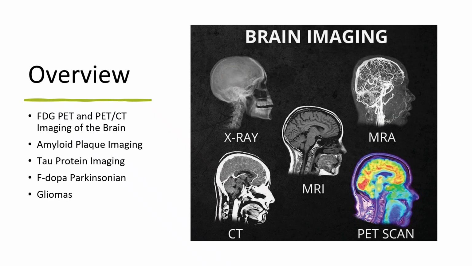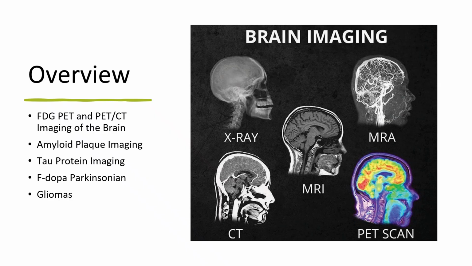So just a brief overview of brain imaging. We do have FDG, PET, and PET-CT. You can also do PET MRI, which is really, really good for the brain. You see in the image of the MRI right there, the brain has a lot of detail. The high amount of detail that you get with the brain with MRI makes it really, really good to overlap with the PET data.